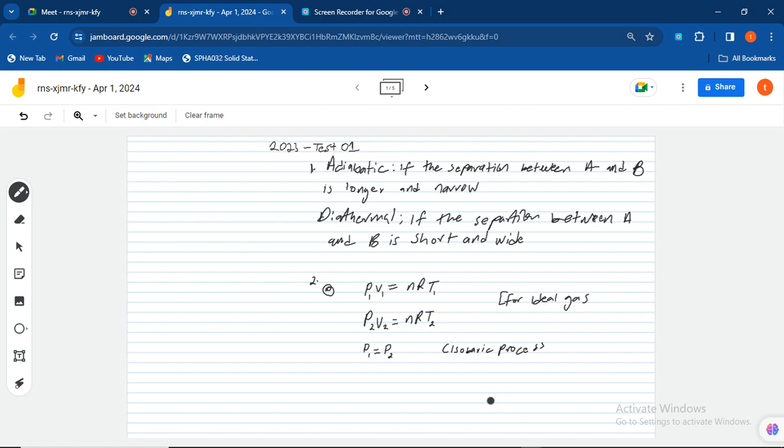So in this case, we're going to actually solve these two equations and equate them, knowing that we have P1, which is equal to this.